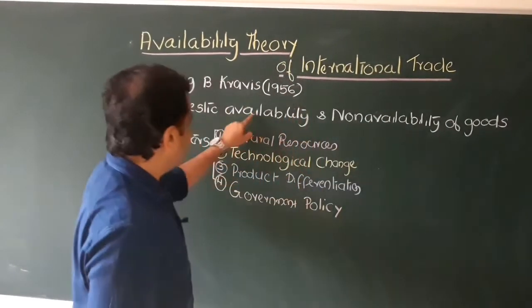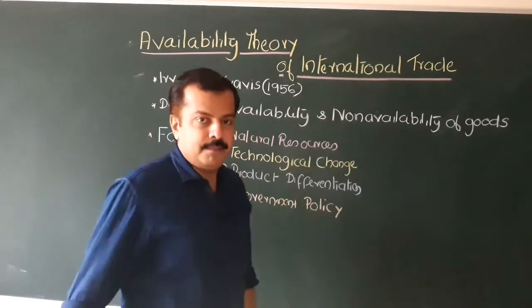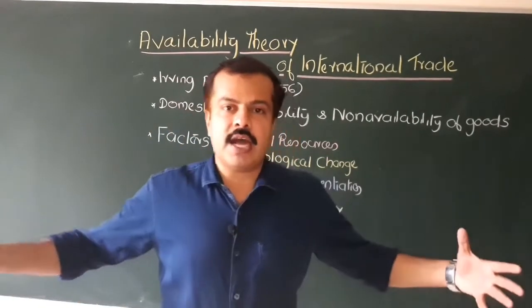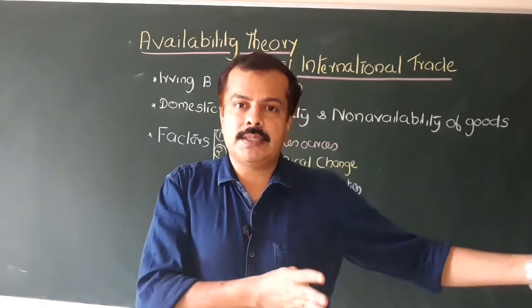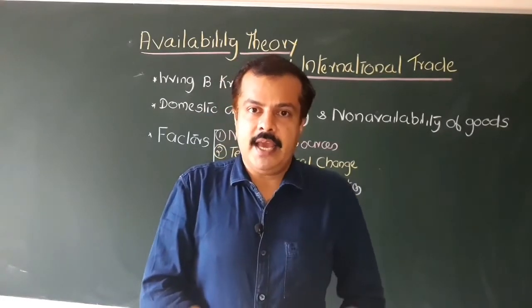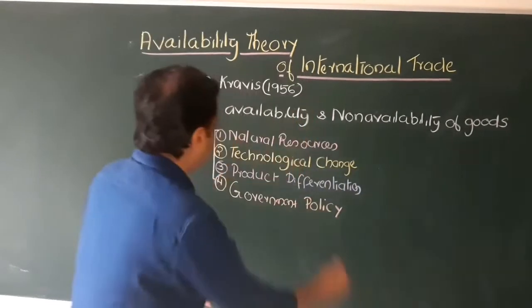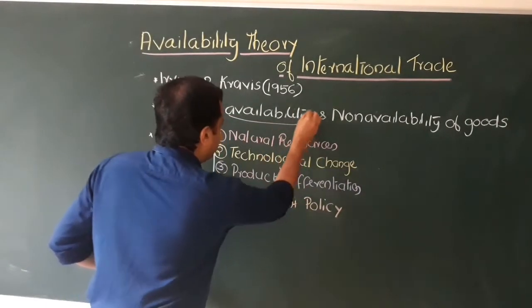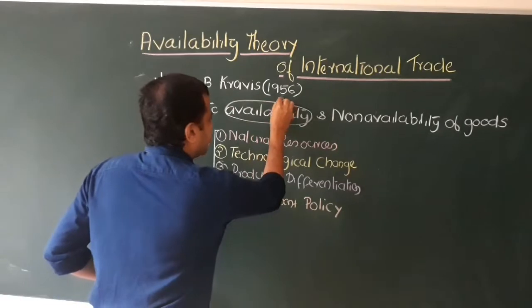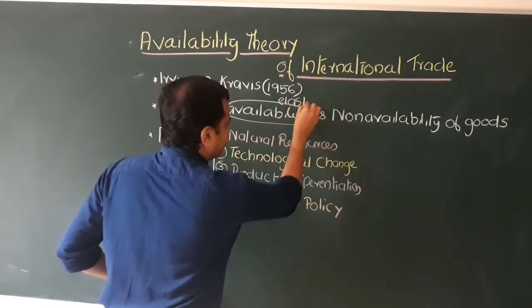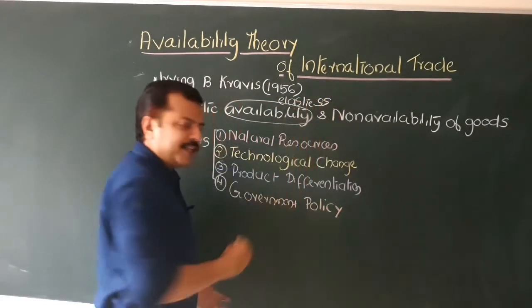Now let us see. Domestic availability means commodities or goods are abundant as far as domestic demand is concerned, and a country will obviously be able to increase the quantity of the commodity. So we can argue that availability basically means elastic supply. Let me call it elastic supply.